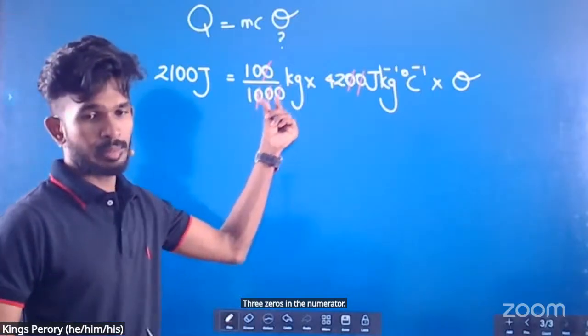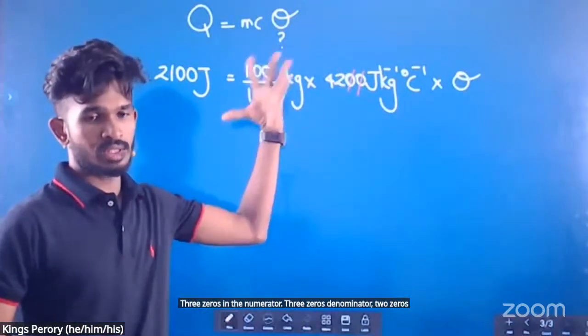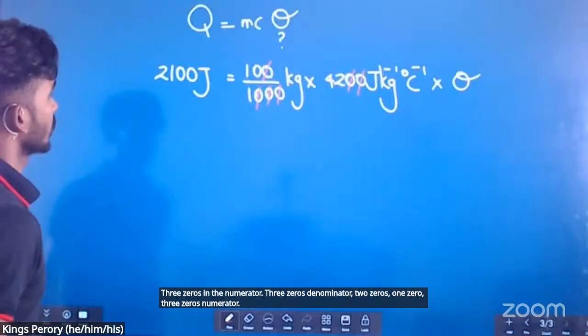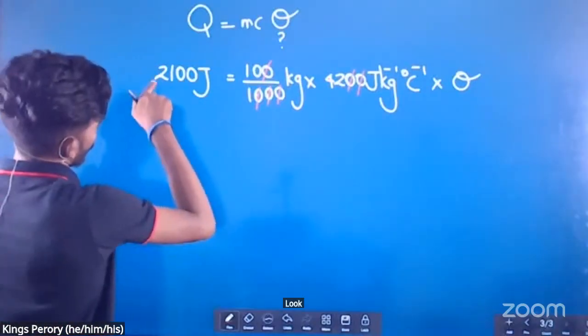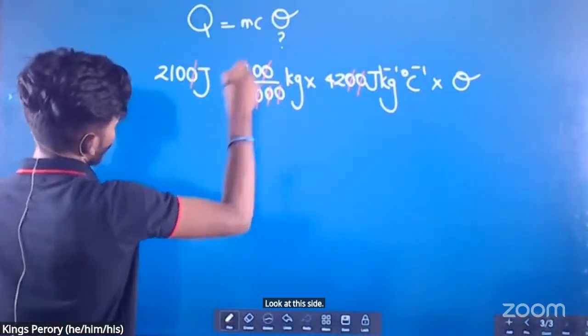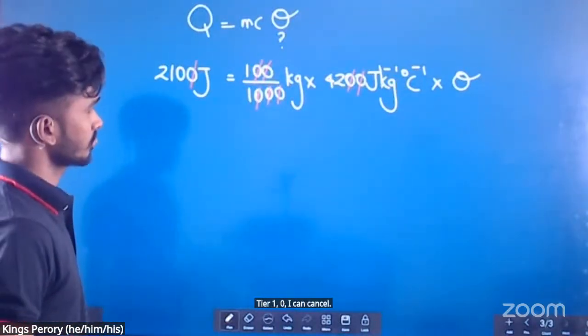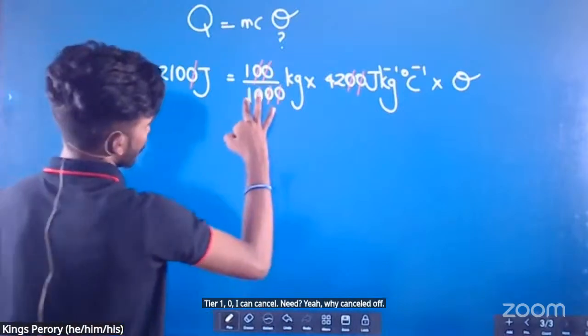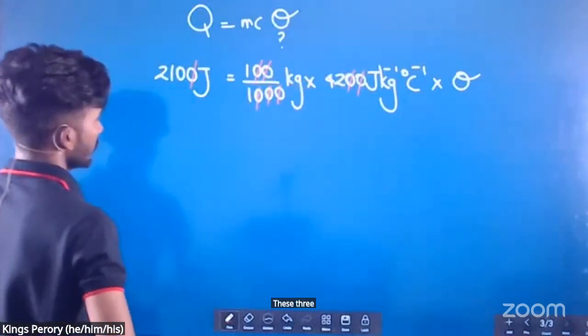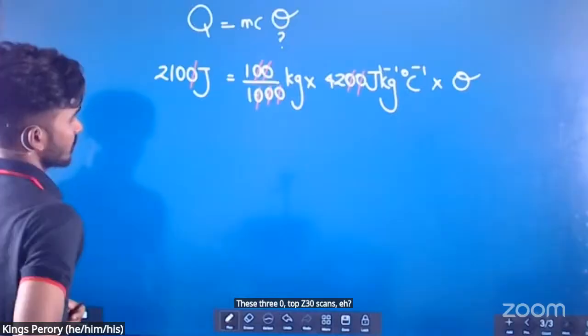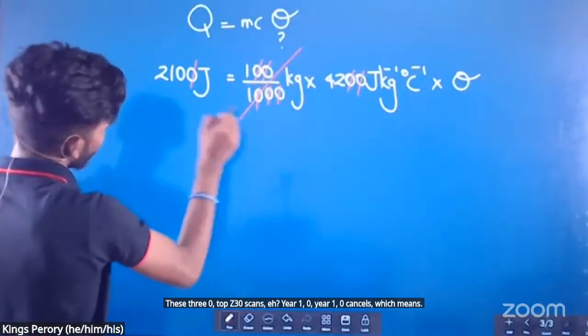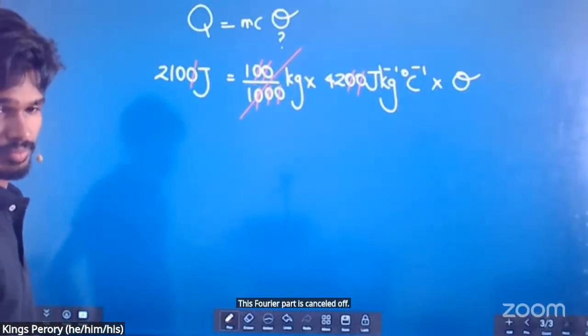Here one zero, and here one zero, I can cancel. So this full part is cancelled off.